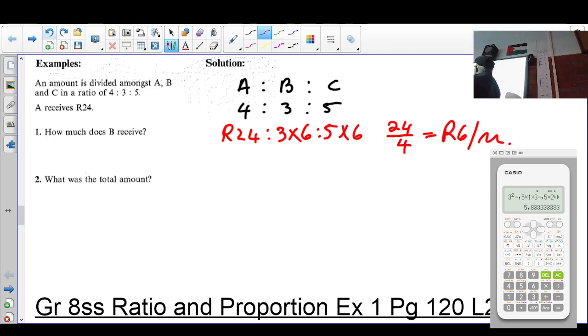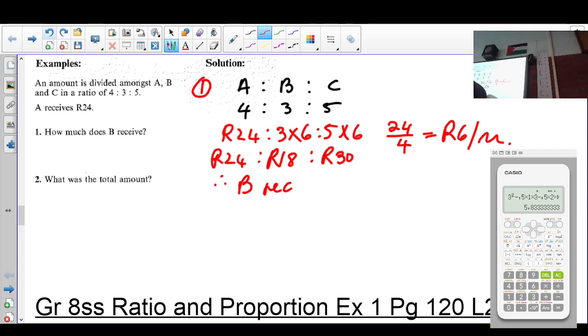So that means B gets 18 rand, C gets 30 rand, and A got 24. Let's answer the question. How much does B receive? Therefore, B receives 18 rand.